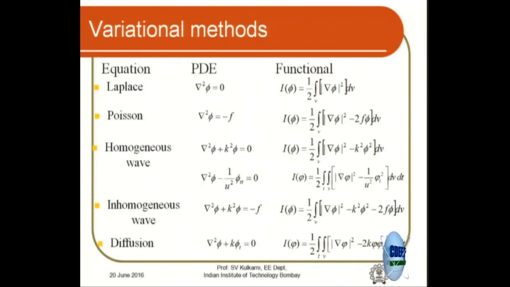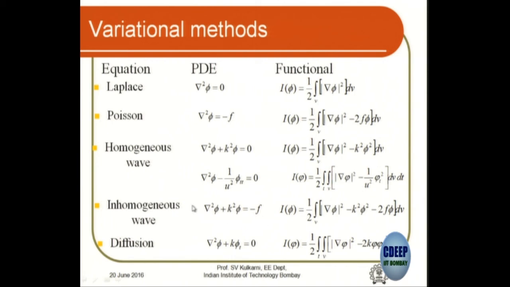The wave equation is del square phi plus k square phi equal to 0, where k is the wave number. So the corresponding functional is del phi square minus k square phi square, or when it is written in the time domain, you get a functional like this.